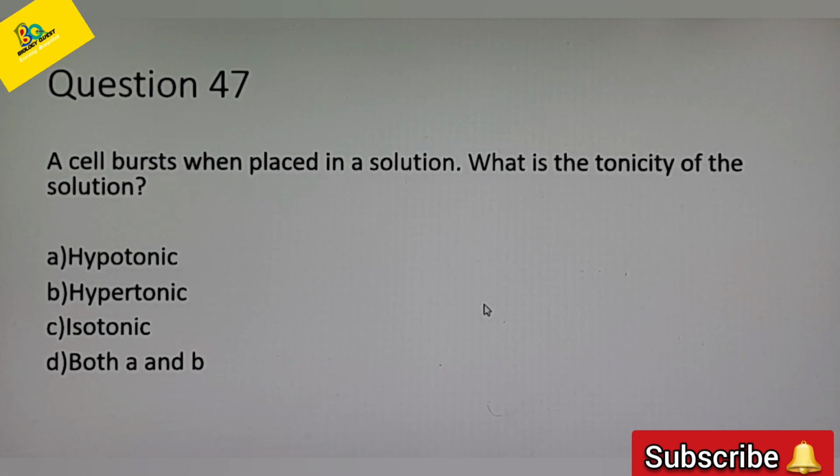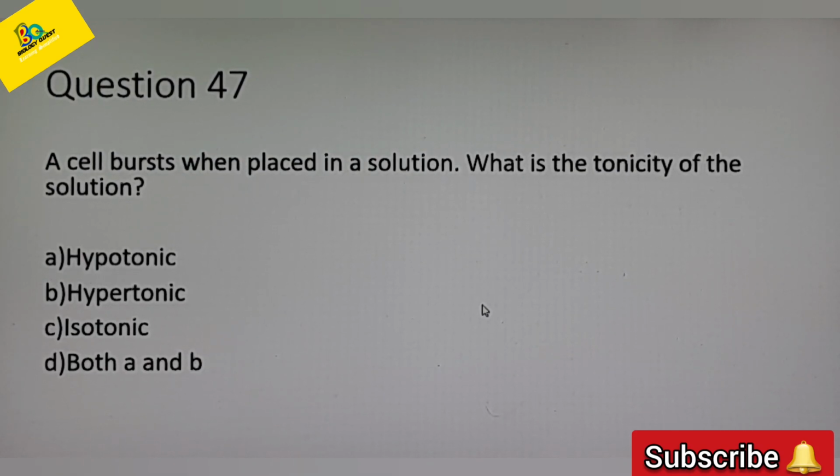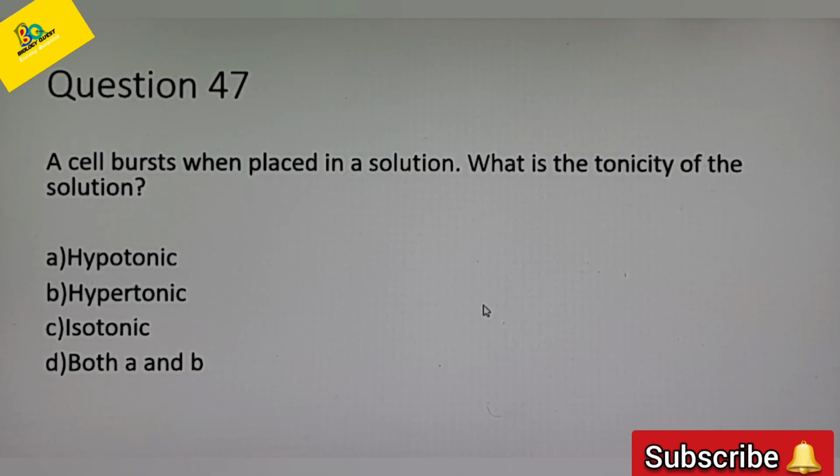Water moves. What is osmosis? The movement of water from its region of higher concentration to a region of its lower concentration. So water moves from where it is at a higher concentration to a region where it is at a lower concentration. So when does endosmosis take place? When the cell is placed in a hypotonic solution.